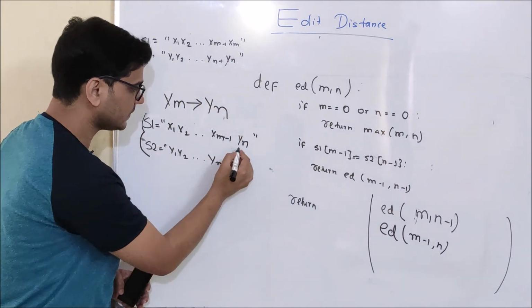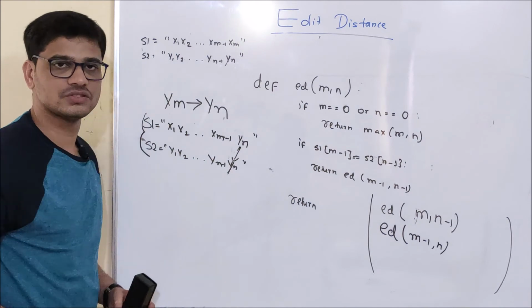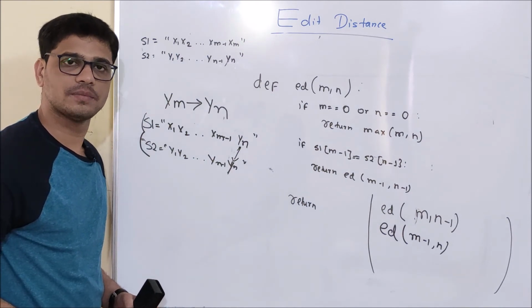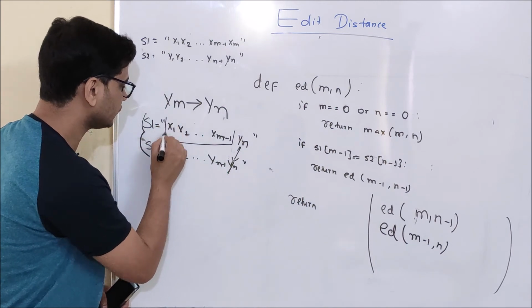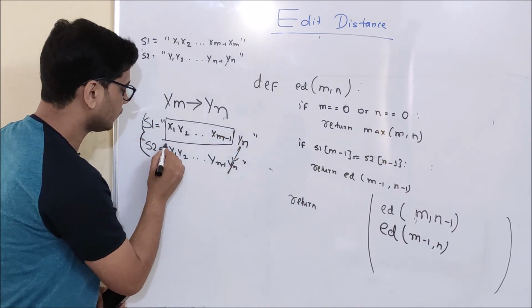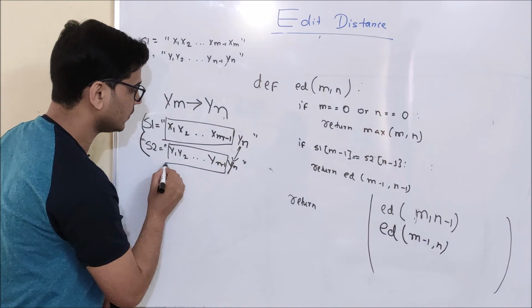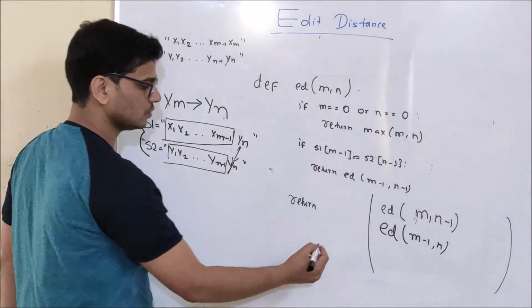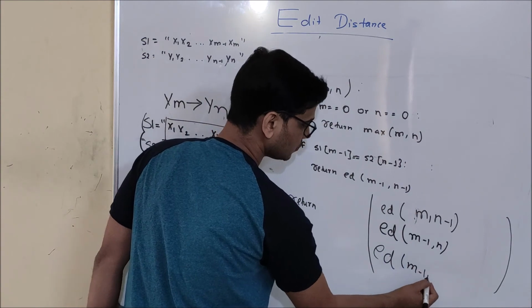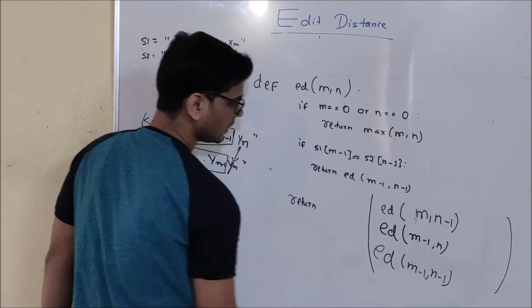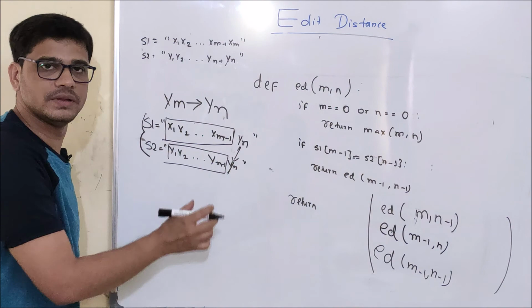So now you can see these two characters are matching, and if these two characters are matching, then we need to find the edit distance between the string from here to here and from here to here. So ed of m minus 1, n minus 1, as the length of both the strings will be reduced by 1.